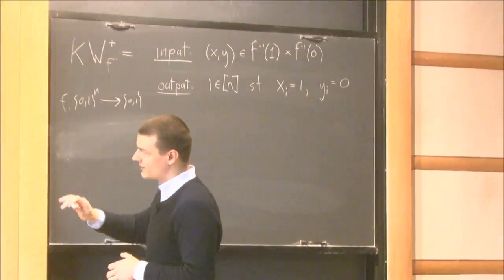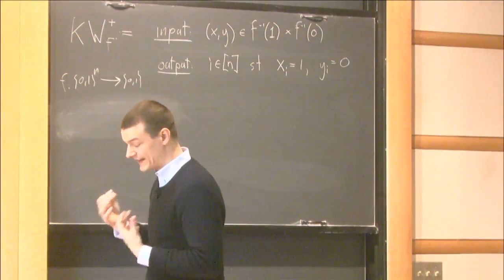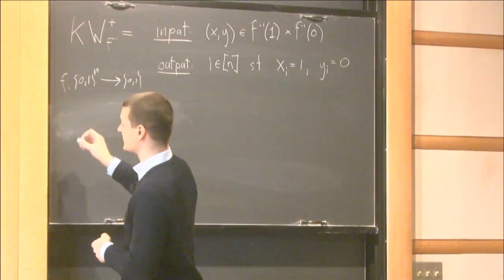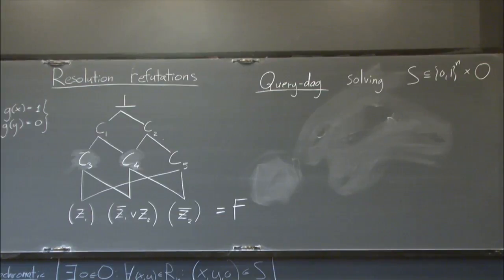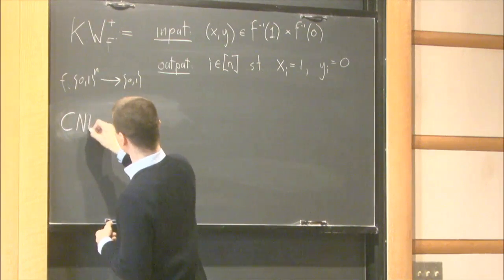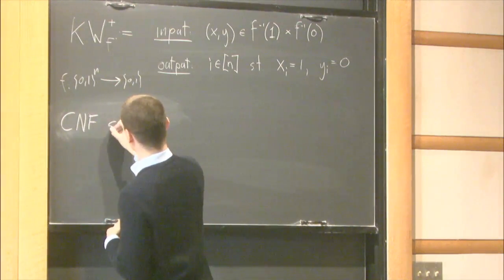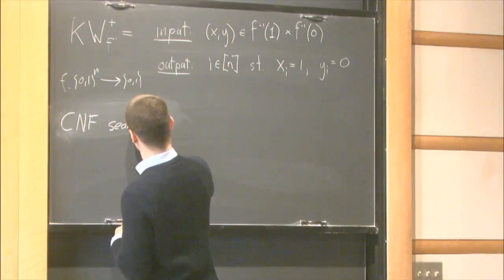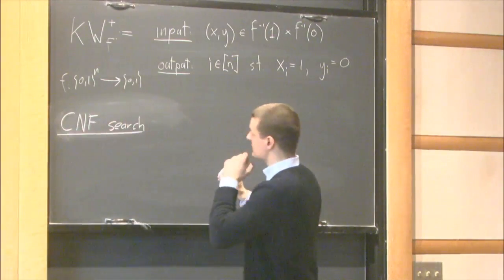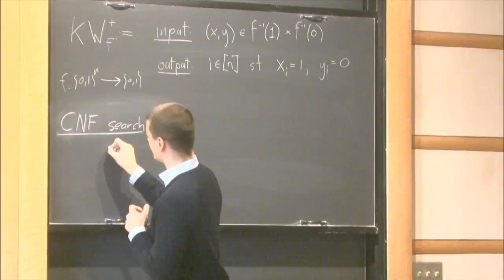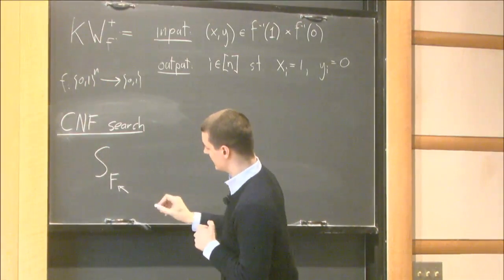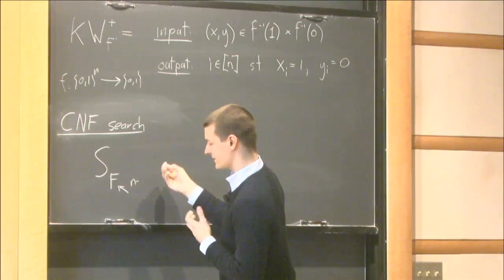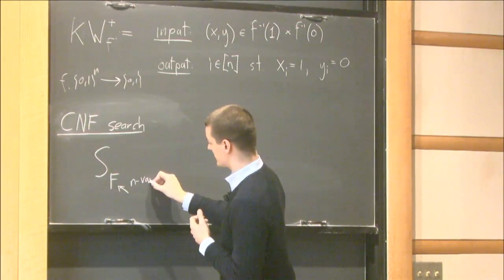The interesting search problems are called CNF search problems. So these query DAGs will solve a CNF search problem, which I denote by S sub F, where F is an n-variate unsatisfiable CNF.